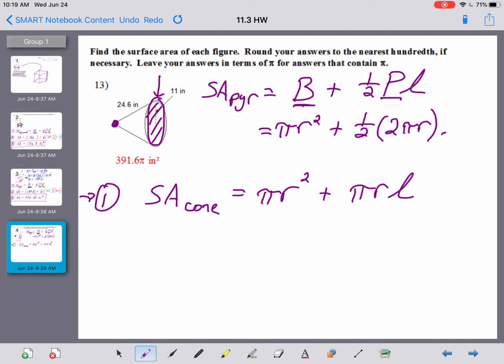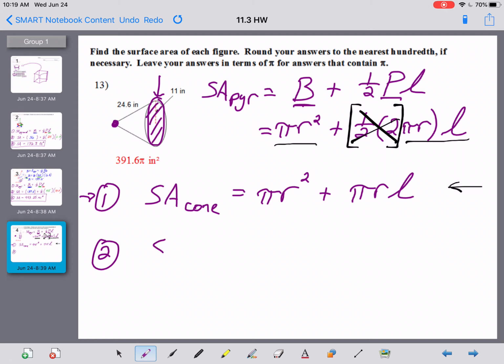L, the slant height, stays exactly the same. And the only thing that happens right here is the convenience that we're multiplying 1/2 times 2. Well, half of 2 is 1, and with a factor of 1, we can basically just ignore that. So that leaves us with pi r squared plus pi r L, and that's where this formula right here in step 1 comes from for surface area of a cone.